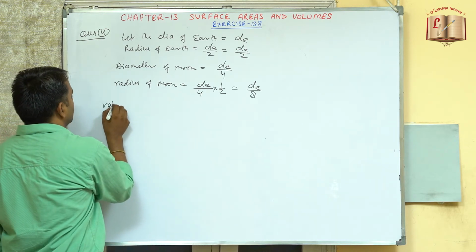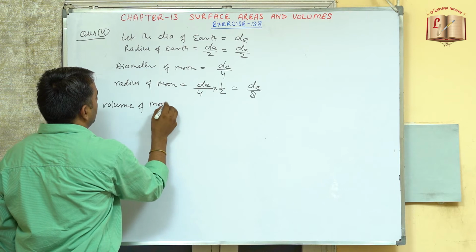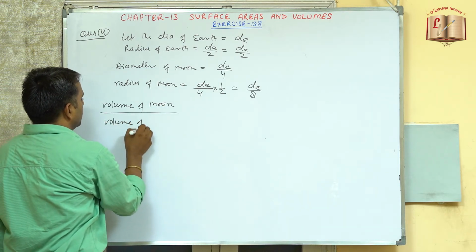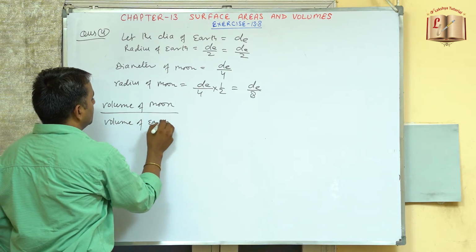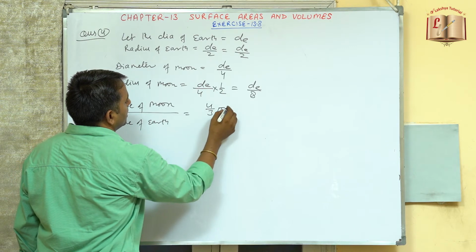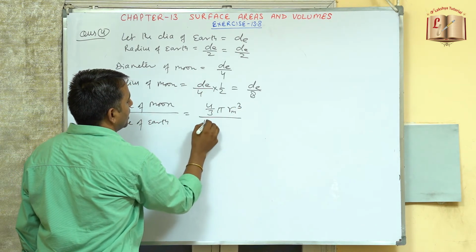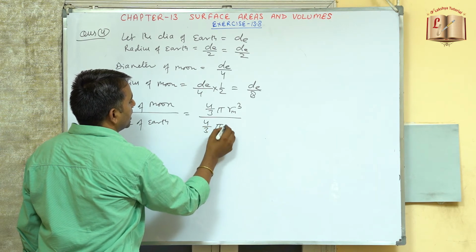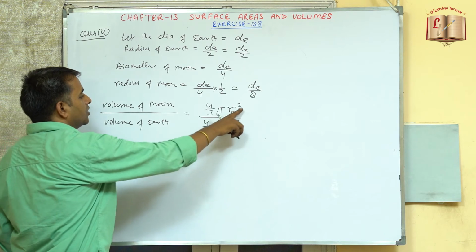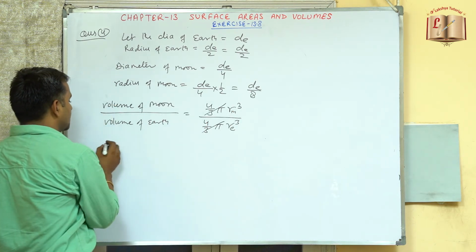So volume of moon divided by volume of earth. This will be 4 by 3 pi r moon cube divided by 4 by 3 pi r earth cube. The 4 by 3 pi cancel.